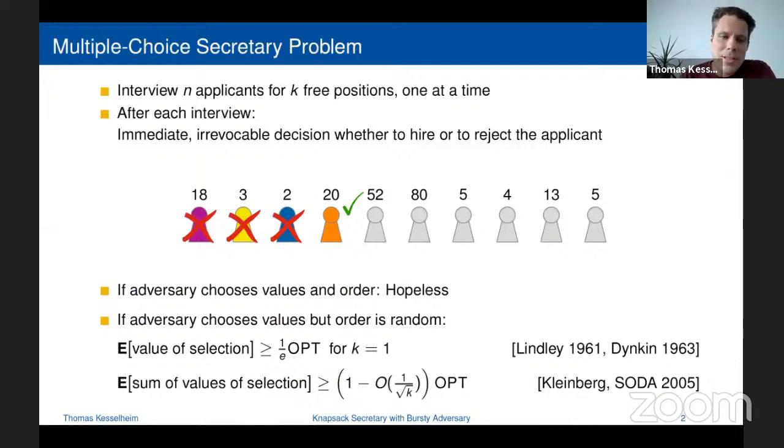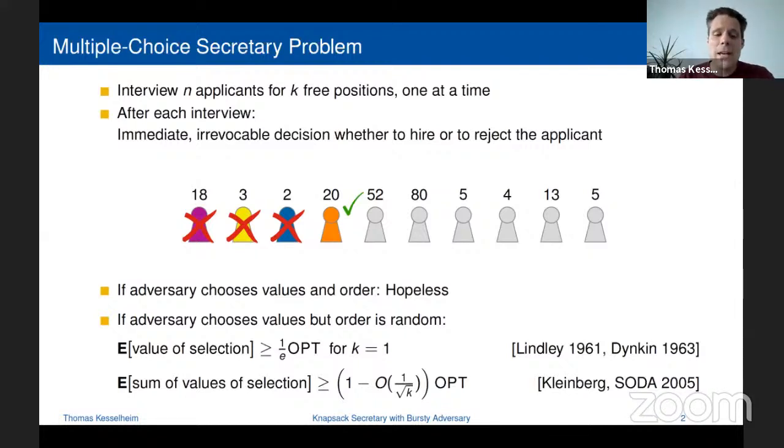In the multiple choice secretary problem, you see a sequence of n numbers, and out of those you may choose up to k. Whenever you see a number, you have to immediately and irrevocably decide whether you want to accept or reject it without knowing the future. It is an easy exercise to see that if an adversary chooses the values and the order, this is a completely hopeless task.